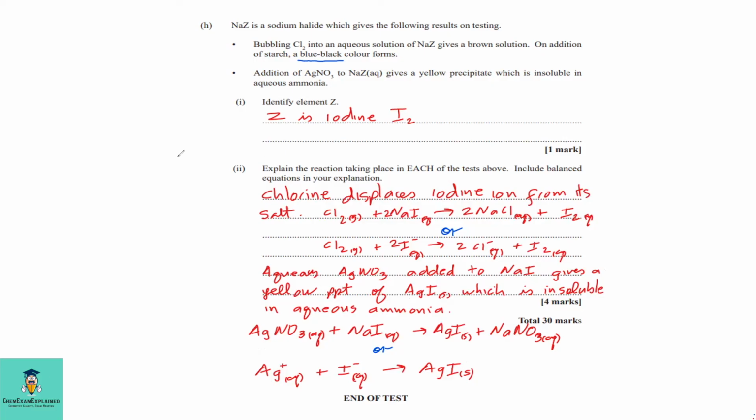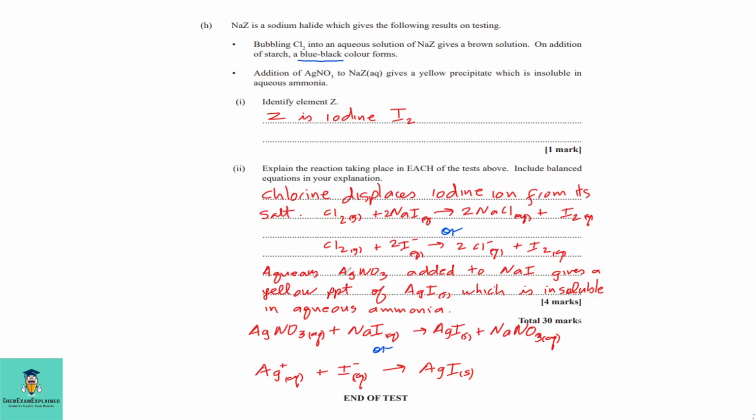So let's talk about if it was chlorine with silver nitrate. So chlorine with silver nitrate gives a white precipitate of silver chloride. Now that precipitate will dissolve in excess aqueous ammonia. If it was bromine, silver nitrate would form silver bromide, which is a cream or off-white precipitate, which is partially soluble in aqueous ammonia.